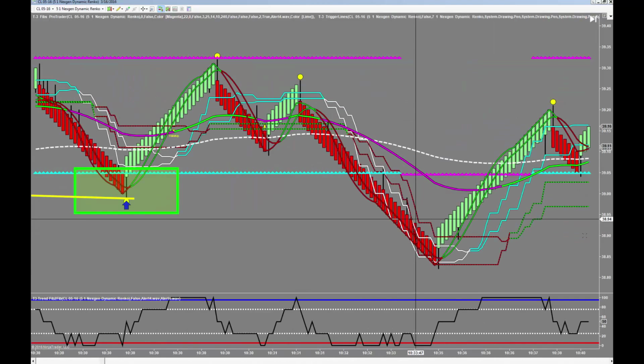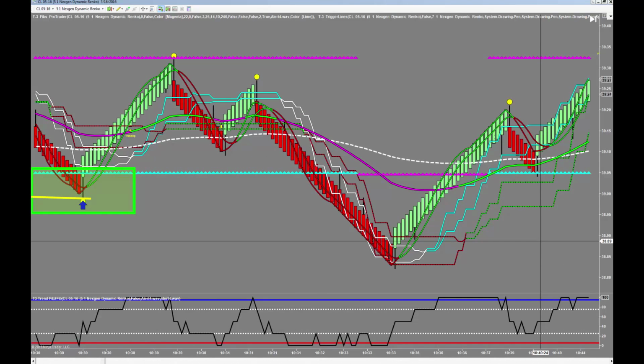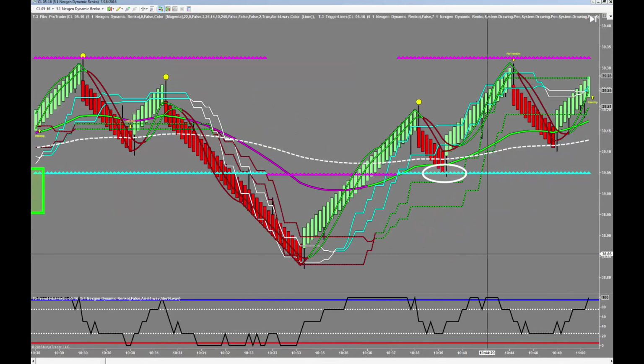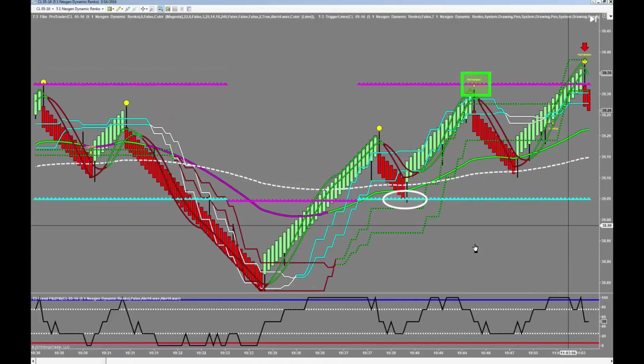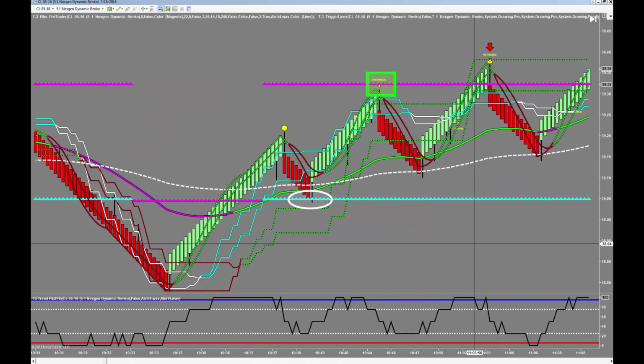All right, so we have Fibonacci area hit. And Fibonacci area hit. Unfortunately, our synthetic triggers are breaking through there. So we're not going to counter trend trade, right?